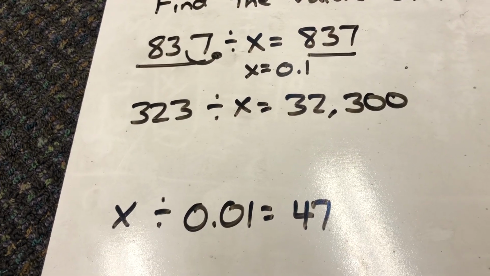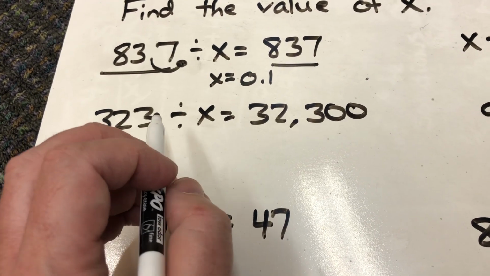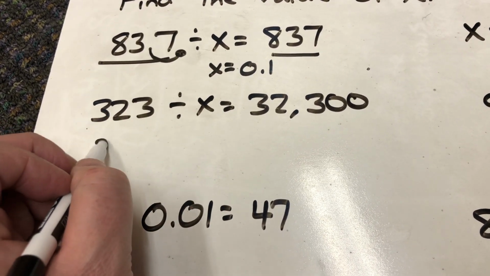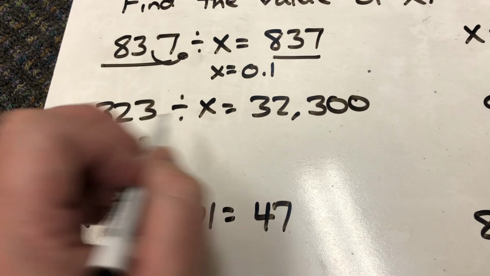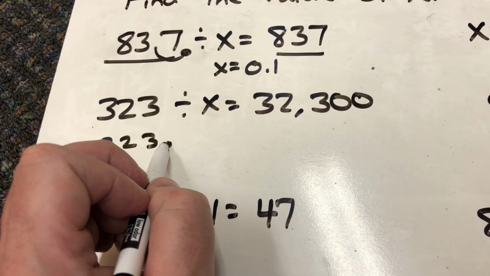323 divided by x equals 32,300. Well, once again, if I've got this 323 and I added these 2 zeros, that's where my decimal is.